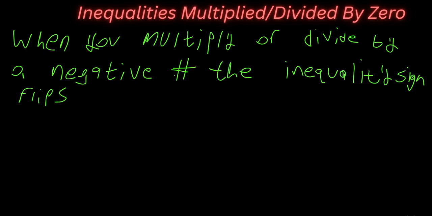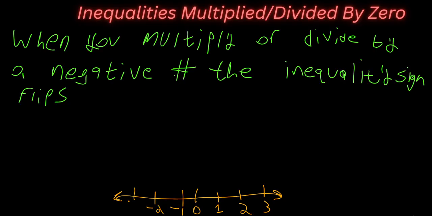So let me try to give you an example with a number line. Let's put a number line down here. Make it a kind of small one. Let's go 0, 1, 2, and 3. And then let's go in the negative direction. -1, -2, and -3.